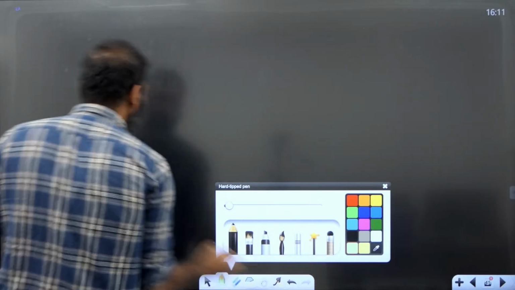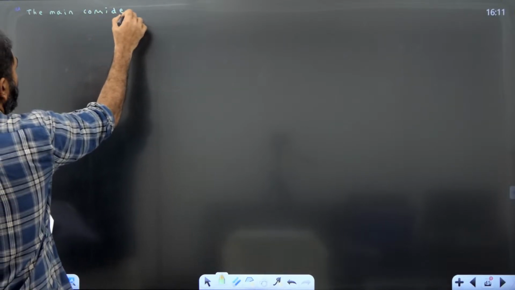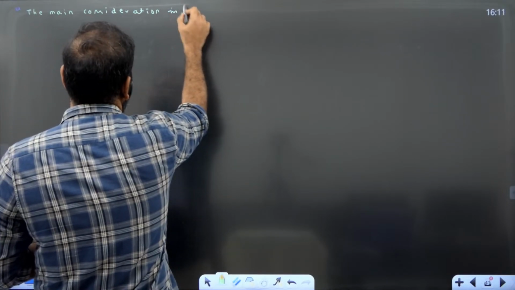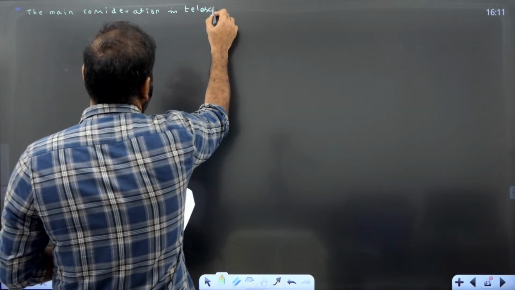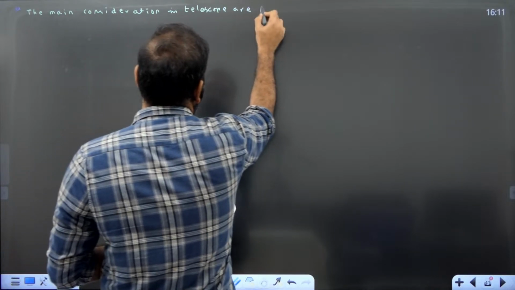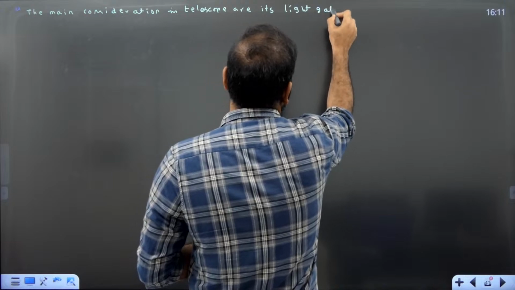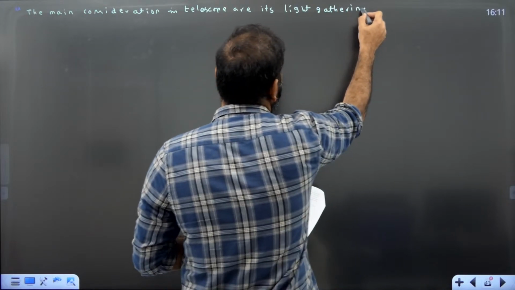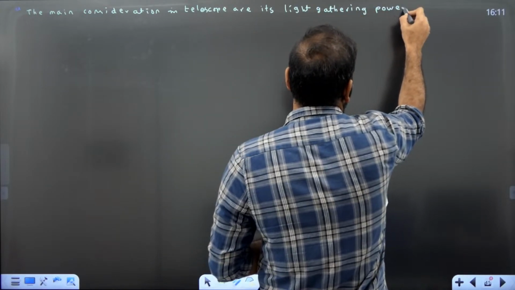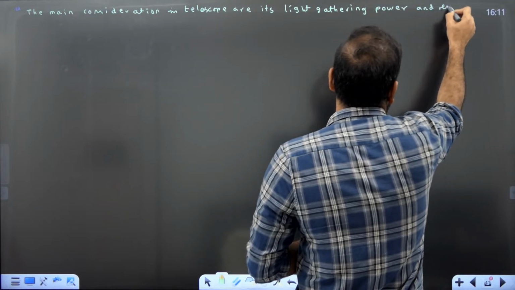Next, the main consideration in a telescope are its light gathering power and resolving power.